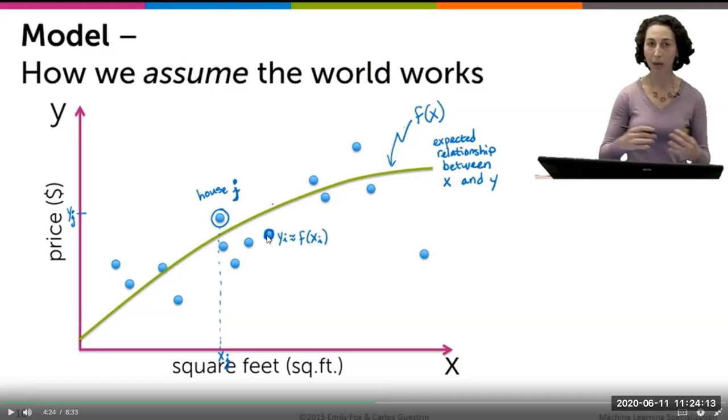The green line is what sort of the predicted value for the price, given the square foot down here, the predicted value will be up here, but this house sold for less than its predicted value. Does everyone see that it sold for less than its predicted value?